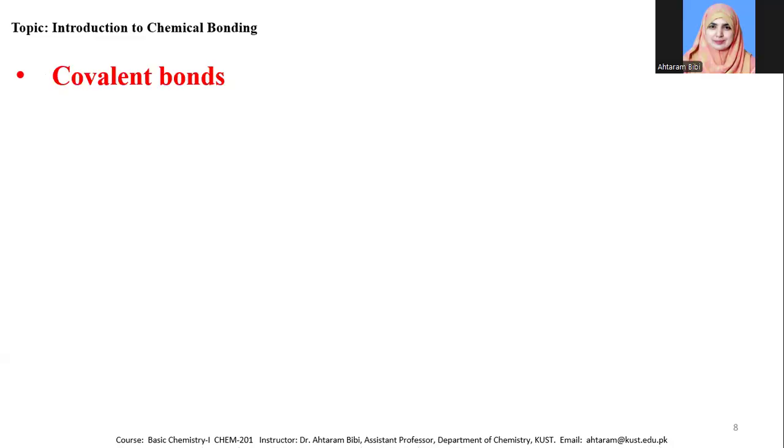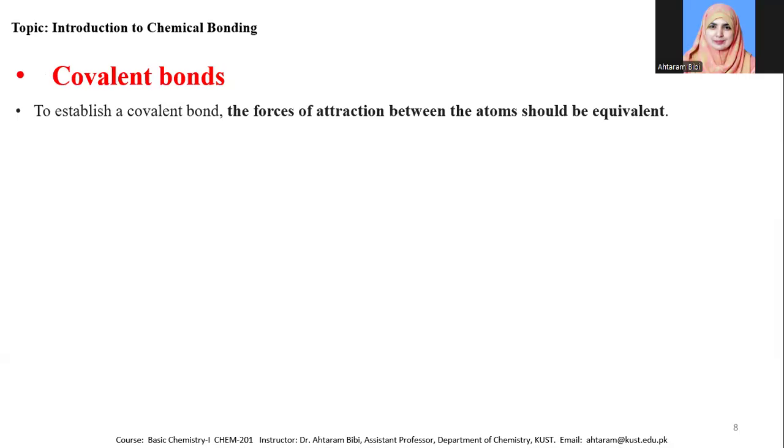The second type of bond is the covalent bond. As we saw, in an ionic bond, the bond is formed by the transfer of electrons, but the covalent bond is formed by the sharing of electrons, and each atom equivalently shares the electrons. So to establish a covalent bond, the force of attraction between the atoms should be equivalent.